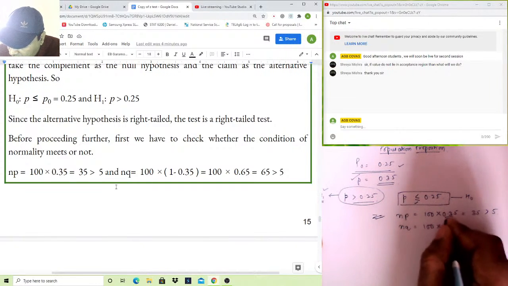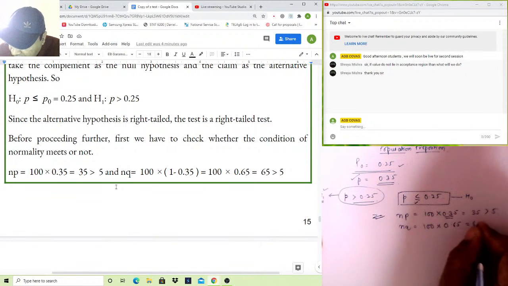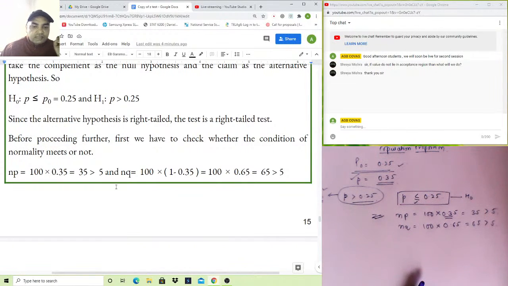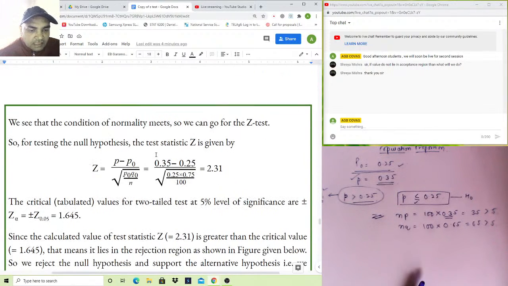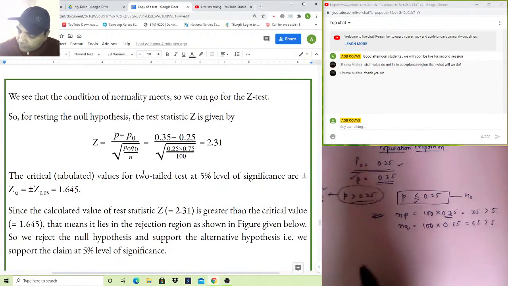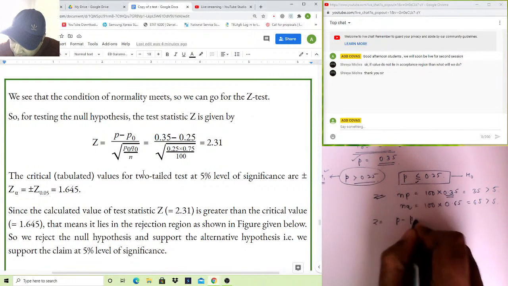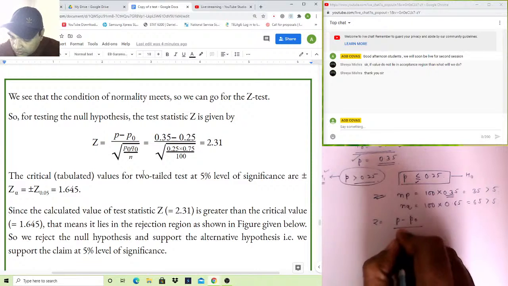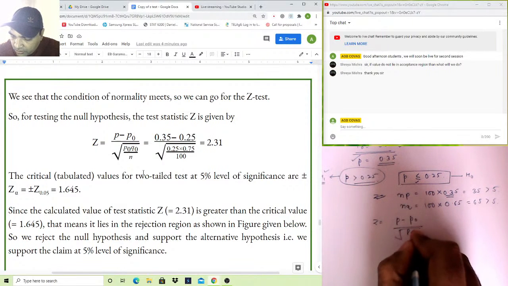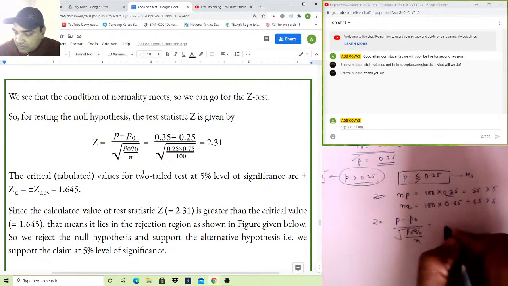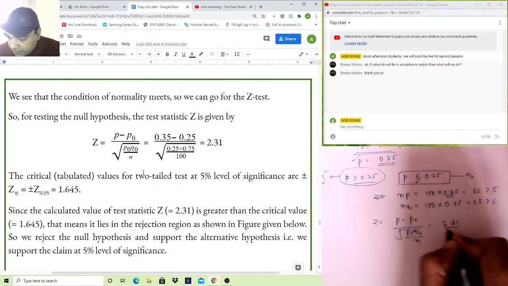Then 100 into 1 minus 0.35, which is 0.65, equals 65, which is greater than 5. Hence it satisfies our condition for normality, and therefore we can apply the Z statistic, which is given by P minus P naught upon the square root of P naught Q naught upon N. We put in all the values and it comes out to be 2.3.